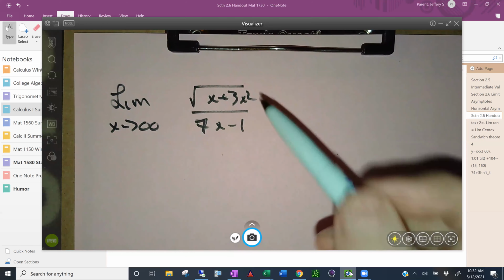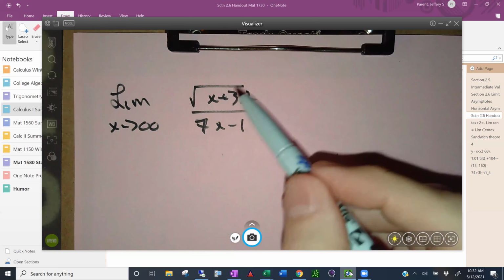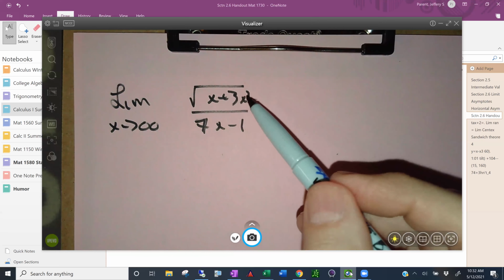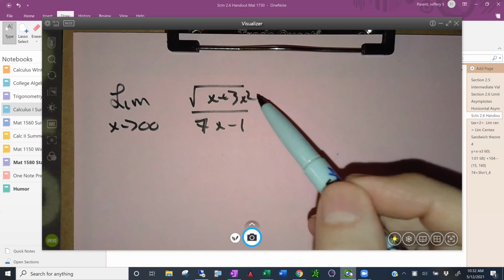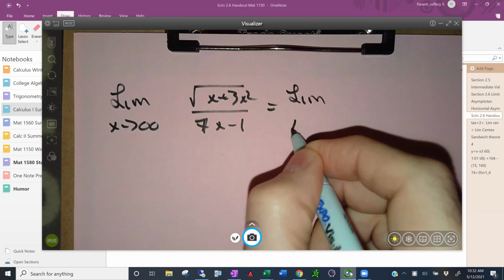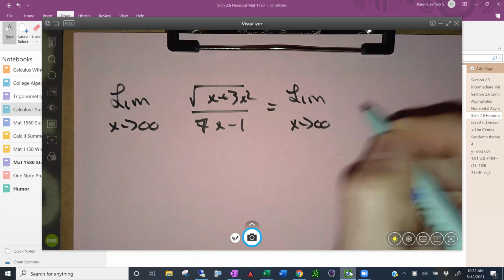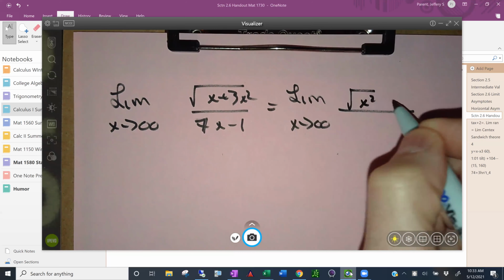Now with these, what you have to do first is factor out that term from the root. I'm going to factor out the largest power term underneath the radical. So it's going to be the limit as x approaches infinity of the square root of x squared.